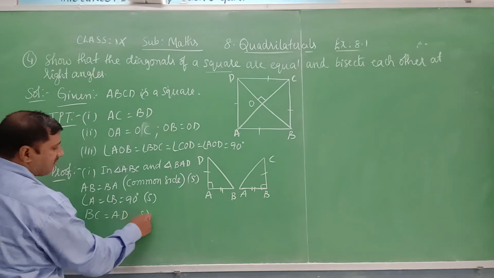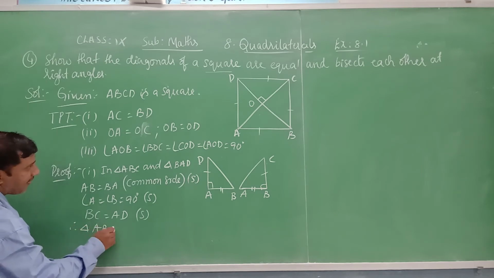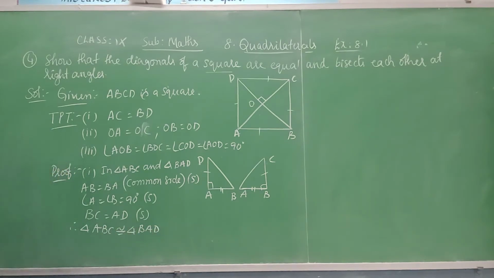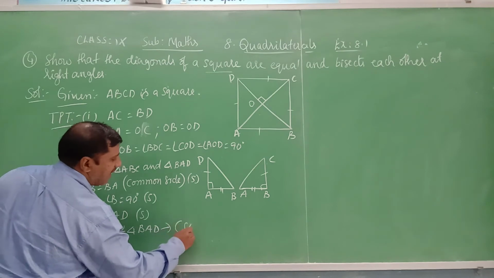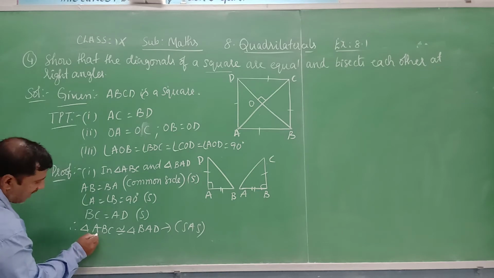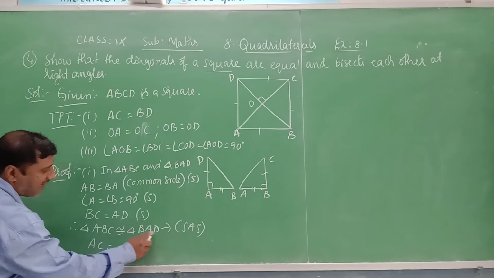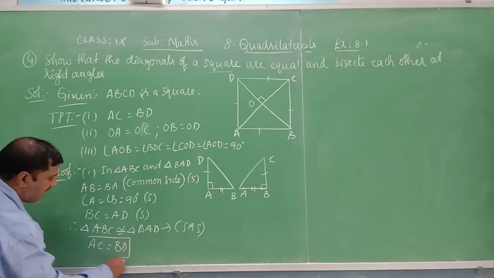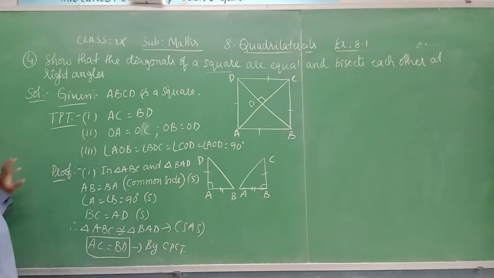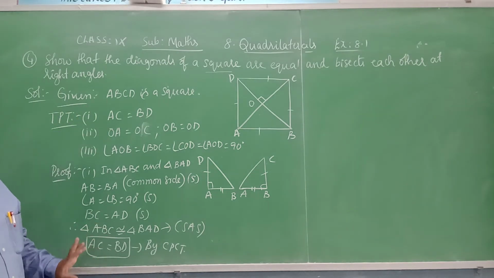That is, opposite sides of the square are equal. Therefore, triangle ABC is congruent to triangle BAD by SAS congruency criteria. Now by CPCT, see the first letter A and third letter C, that is AC is equal to first letter B and third letter BD. AC is equal to BD by CPCT. So the first one is proved. What is the first identity? We have to prove AC is equal to BD. The two diagonals are equal.